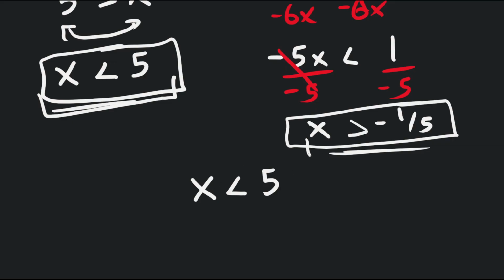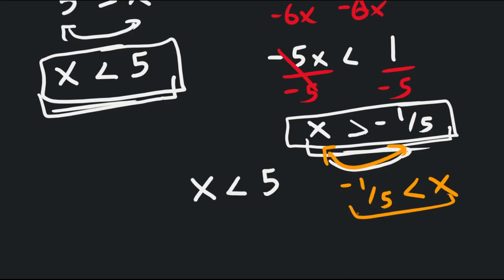And how do I write this? X is greater than negative 1/5. If you go ahead and flip these, this is the same thing as saying negative 1/5 is less than x. So we can put this part in here too.